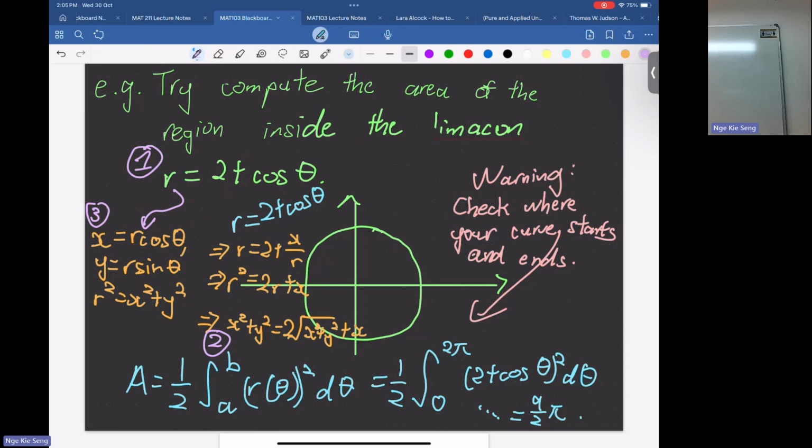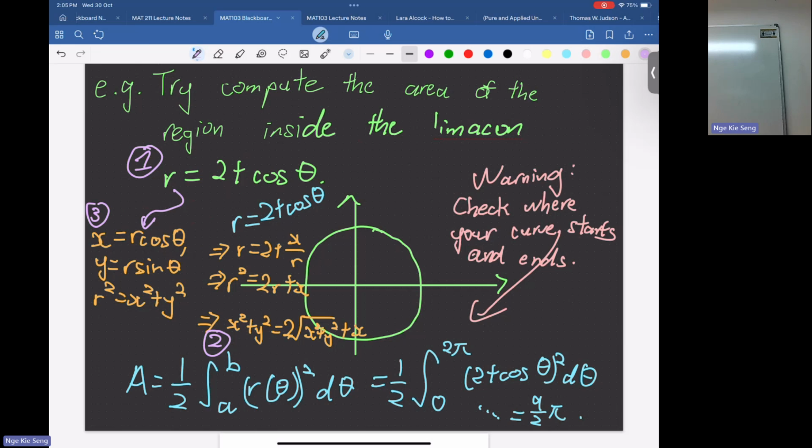And then for these three ways, I have told you how to compute dy dx. For the first way, dy dx is just the calculus one. For the second way, we need to invoke the chain rule, so dy over dx is equal to dy over dt over dx over dt.